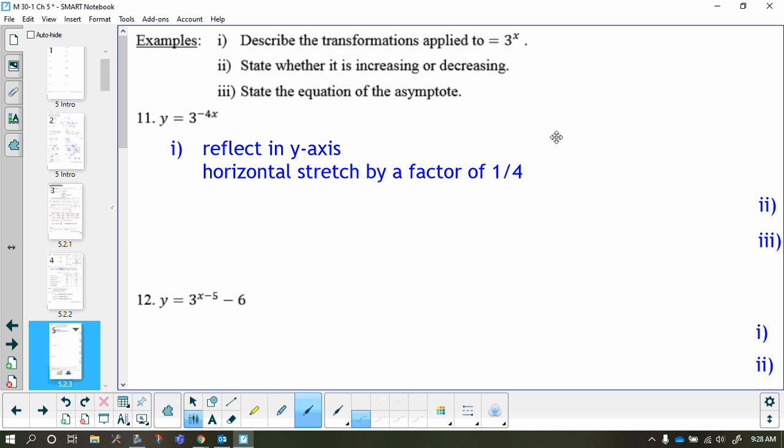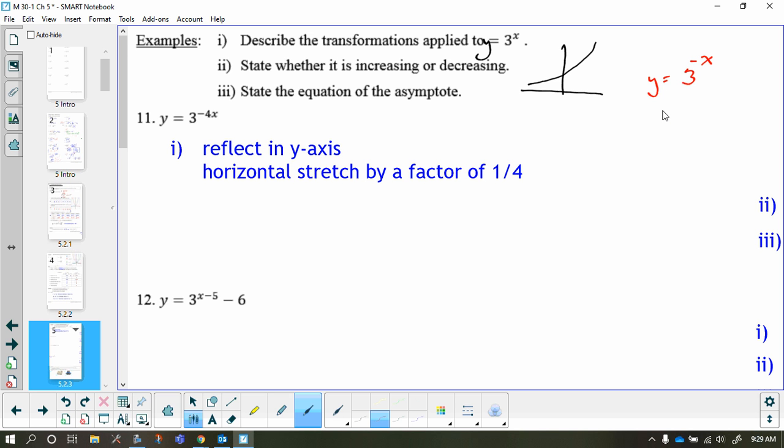Well, my b is greater than 1, which makes me think increasing, but then this negative in the exponent tells me I have a reflection. So if I was to do a rough sketch here, oh, we should have a y up there, shouldn't it? Well, my rough sketch of 3 to the x would curve sort of like that. But then as soon as I have a negative in the exponent, let's suppose I just did a 3 to the negative x, that's going to be a reflection.